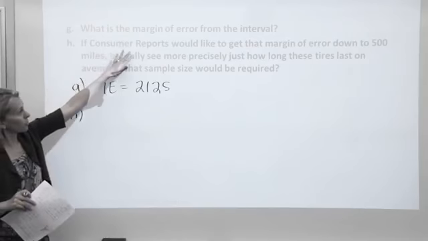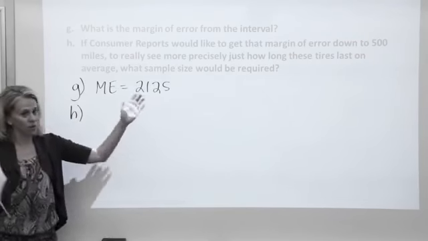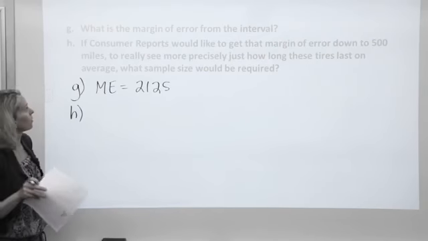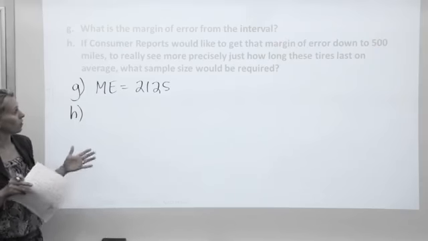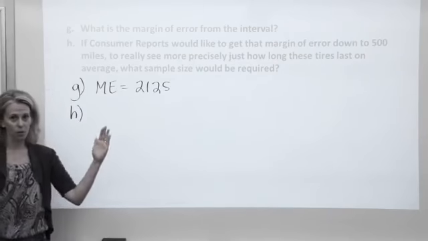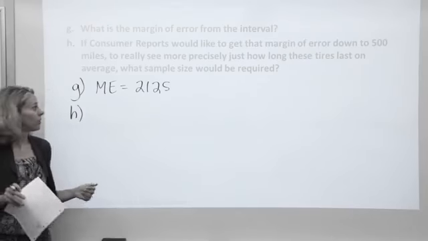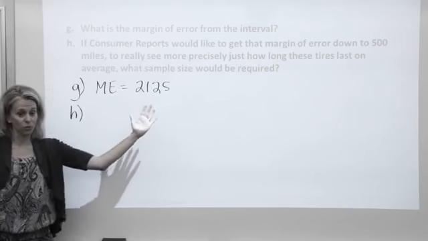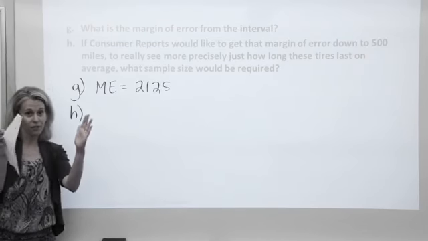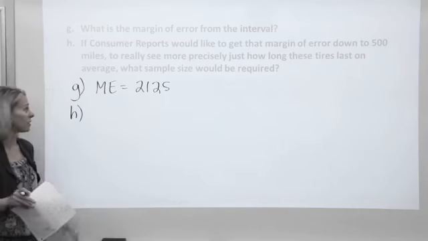What if Consumer Reports wants to get that margin of error down? They want it to not be 2,125 miles, they want it to only be 500 miles. To really see more precisely just how long these tires last on average. So they want a more precise interval. We could get a more precise interval by changing the sample size, and you should know that if you want to shrink your confidence interval there, get a more precise confidence interval, that's going to require more data.